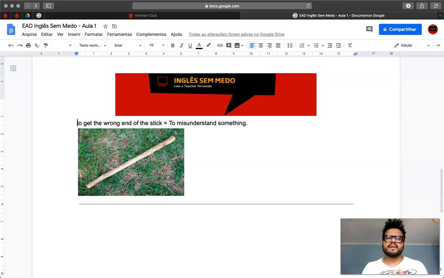So your boss says, I want you to finish the report by today. But you understand, for some reason, maybe because you didn't pay attention, or because your boss speaks English and you didn't understand so well, that the report should be finished the next day. So you got the wrong end of the stick, because you misunderstood the information.